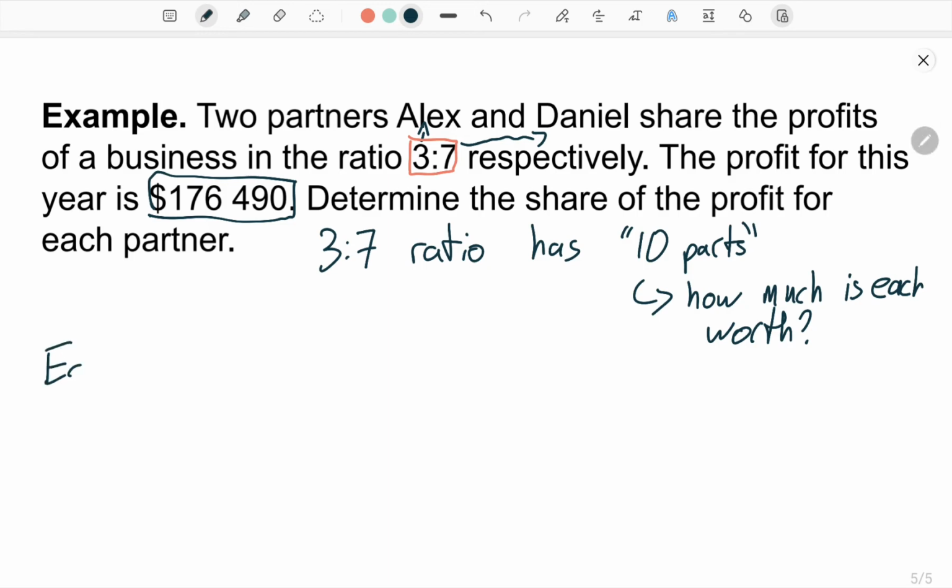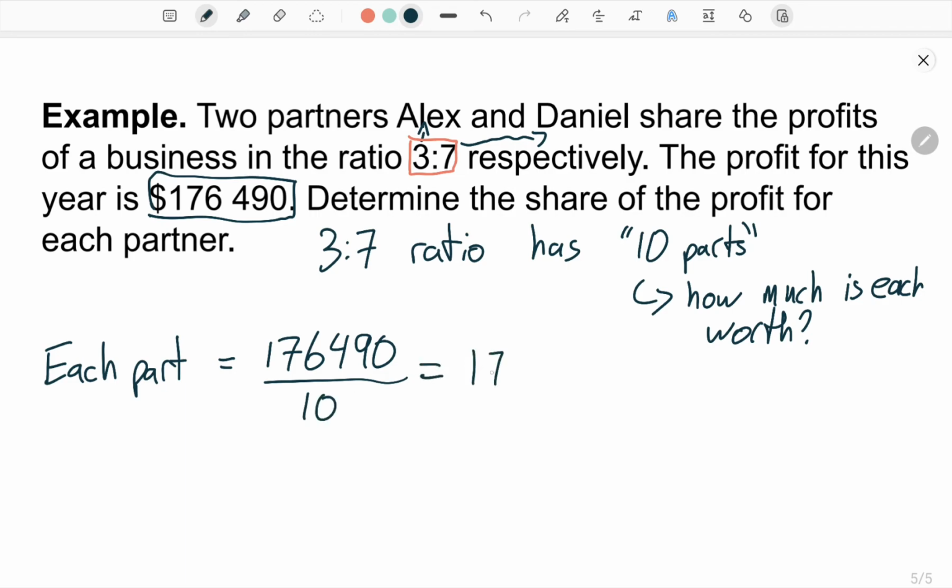So each part equals, well, we have 176,490, and we can divide by 10, the total number of parts. So each part itself must be $17,649. Okay, so then what do Alex and Daniel get?